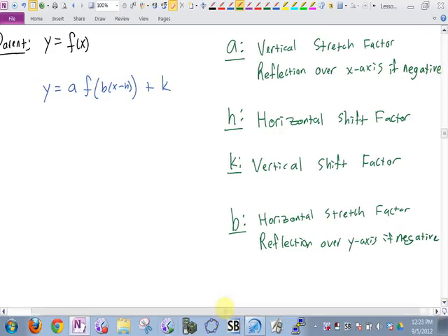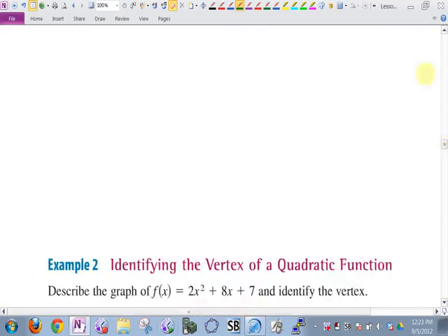Okay? Multiplication causes stretches. If you're multiplying by a negative, it causes reflection. Addition and subtraction cause shifts. If it happens before the function is evaluated, it's horizontal. If it happens after the function is evaluated, it's vertical. Remember all that? All right, so let's look at some examples, shall we?